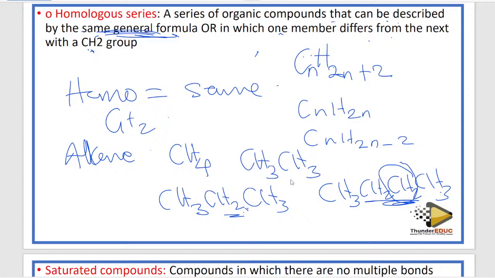This one differs from this by this CH2. What about this one? Still the same. This one has 4, this one has 3. If I subtract 1 hydrogen and put it here, then this one is going to be like this. So still this one differs from this by CH2. All homologous series are like that. They differ by CH2 from one member of the group to another.